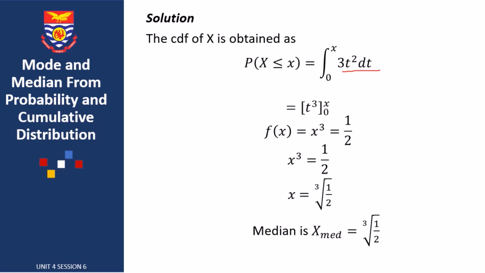This will be equal to x cubed. We are told to equate the integral to half, so we equate x cubed to 1 over 2. Finding x will give us the cubic root of half. So the median is the cubic root of 1/2.